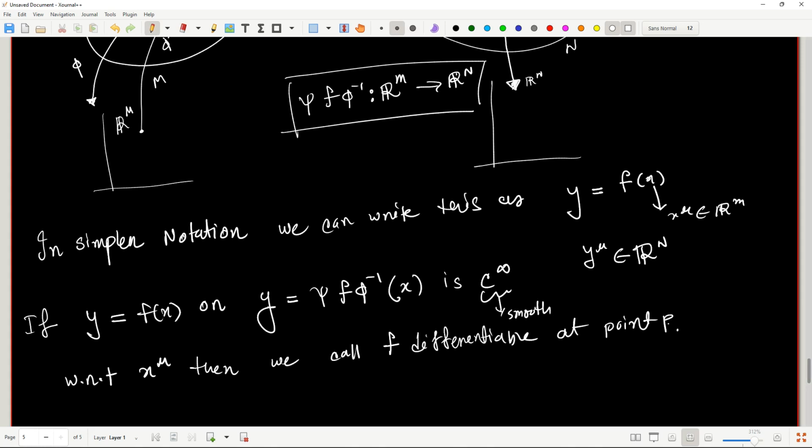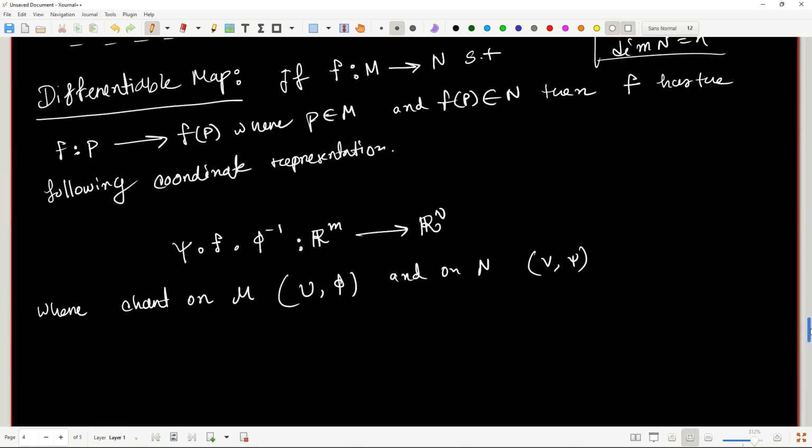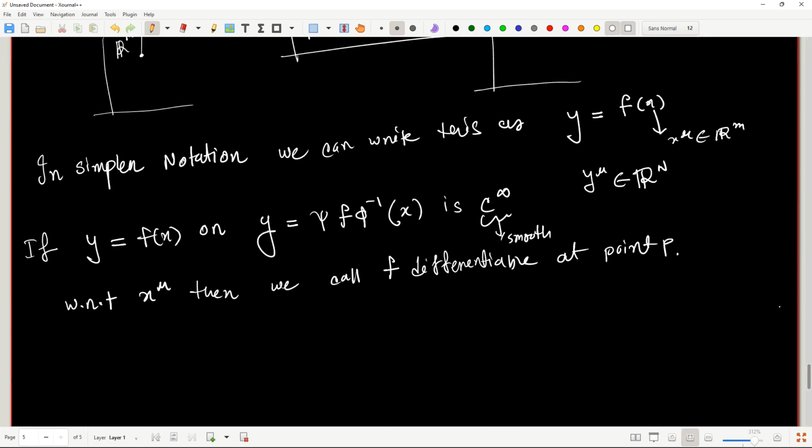We require this differentiability in accordance with the smoothness of the transition function. And we should also keep in mind that this differentiability is independent of the coordinate system. Now, these types of maps are called differentiable maps, because the map we are defining from M to N has to be differentiable, or so to say smooth.